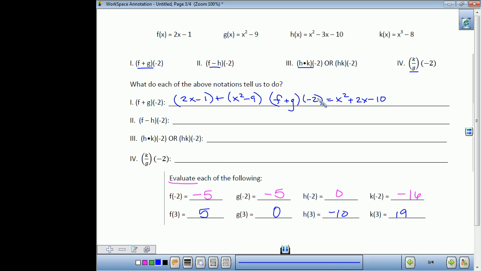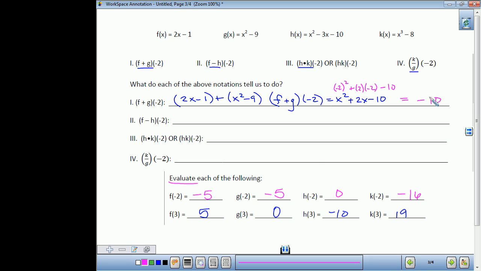Okay, and now if we plug in -2, we would get 4 minus 4 minus 10. 4 minus 4 is 0, minus 10 is -10.